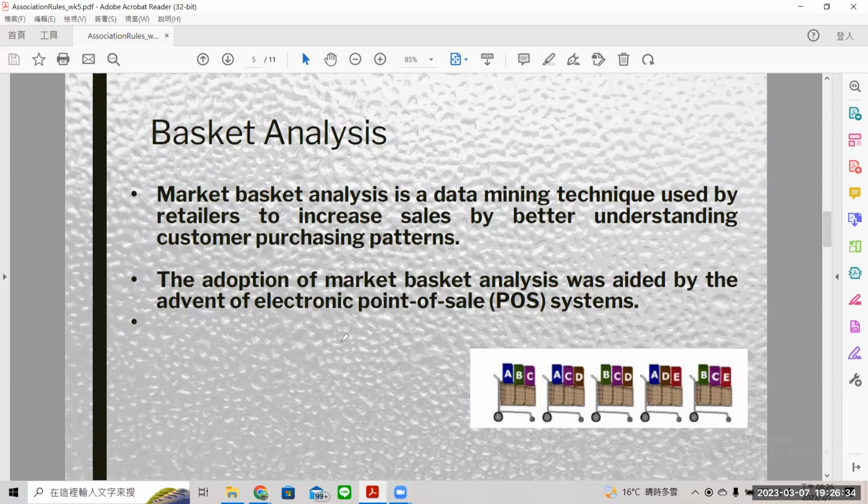So now I try to make a summary. May I conclude that if the customer purchases B, then he or she will purchase C? May I make such a prediction? Please think about that.